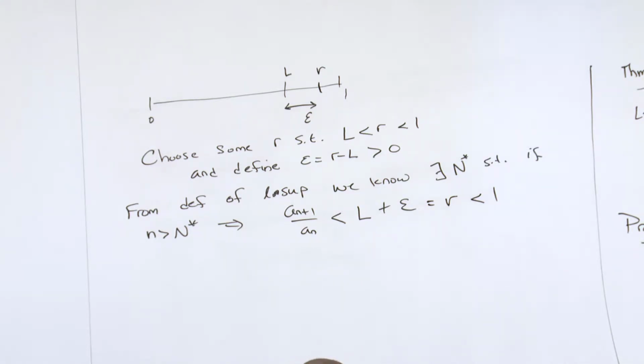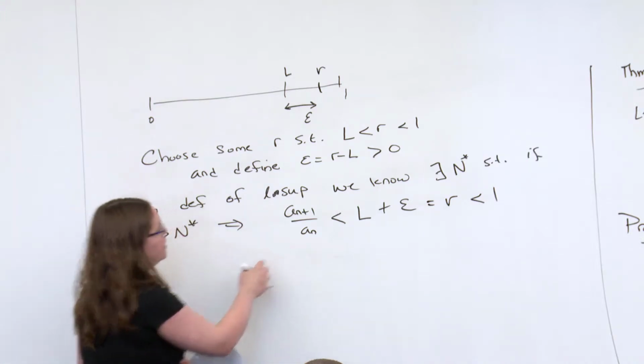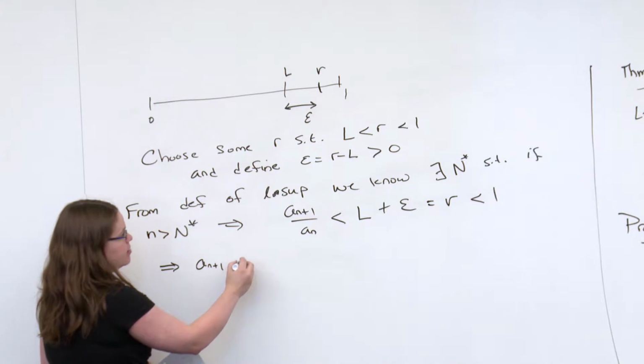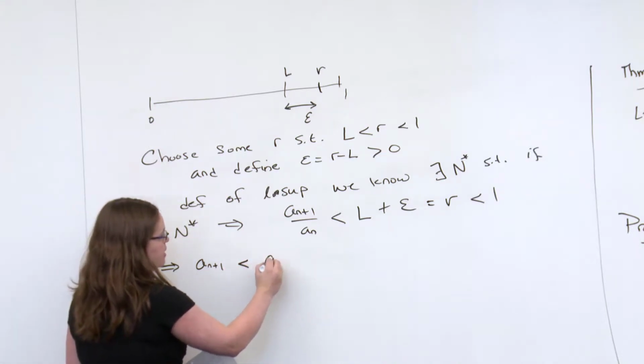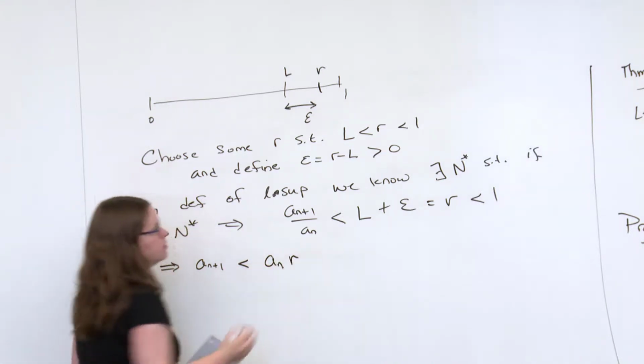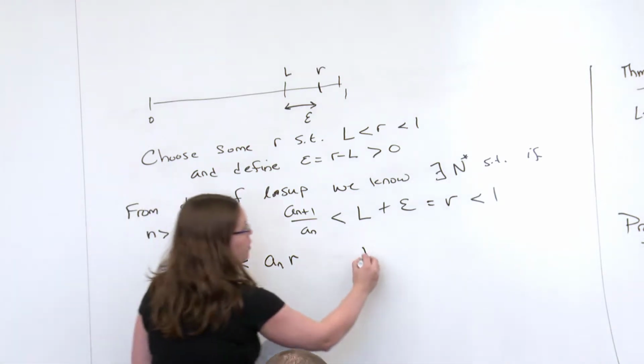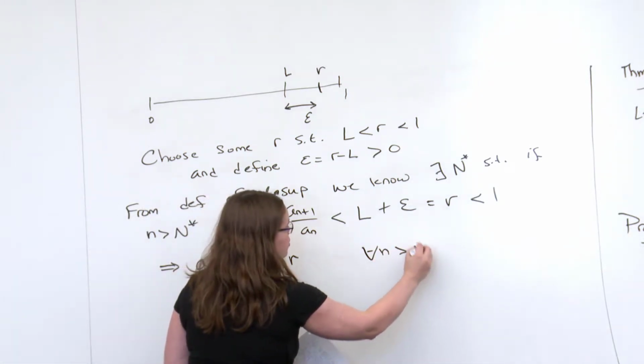Okay, so let's rearrange this a little bit. This means that a_{n+1} is less than a_n times r. And this is always true as long as n is big enough, for all n bigger than n star.